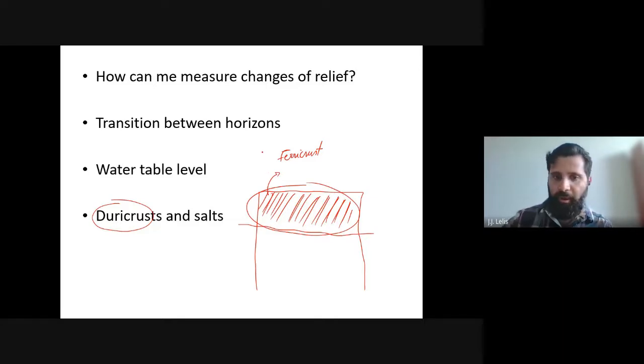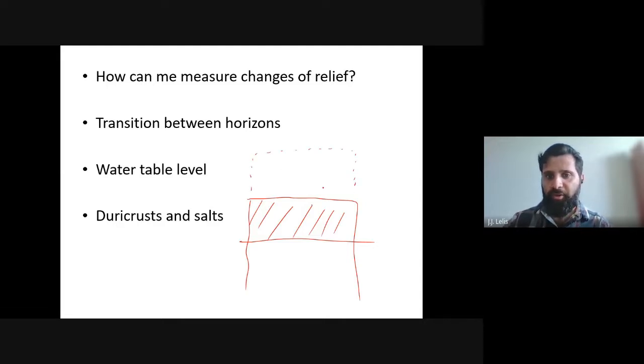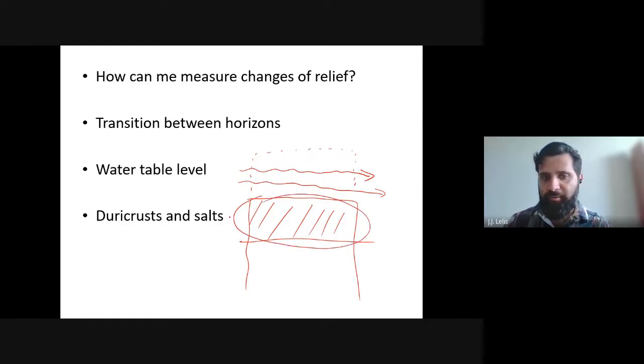So all the horizons that should overlie this horizon, this iron crust, were just eroded and lost. So now I can find this iron crust on the surface because the overlying horizons and layers were eroded. Okay, so I can register a change of relief.